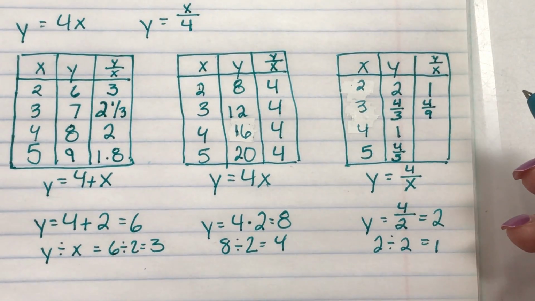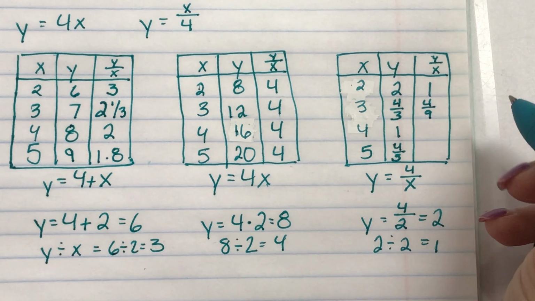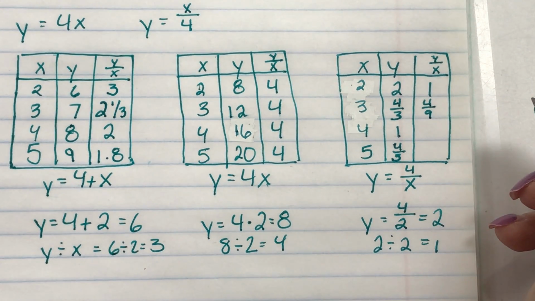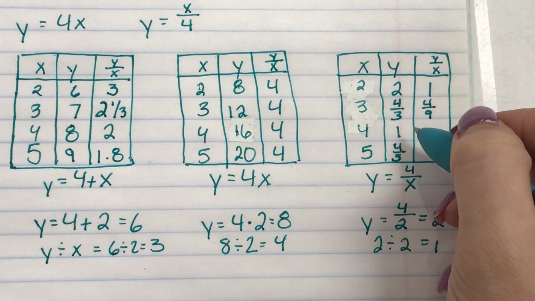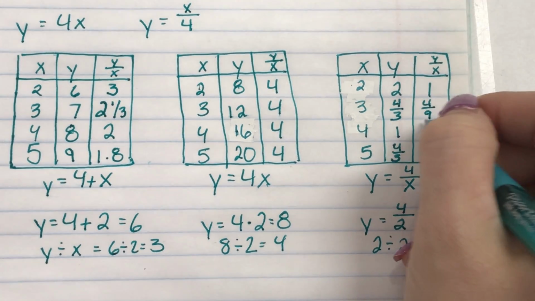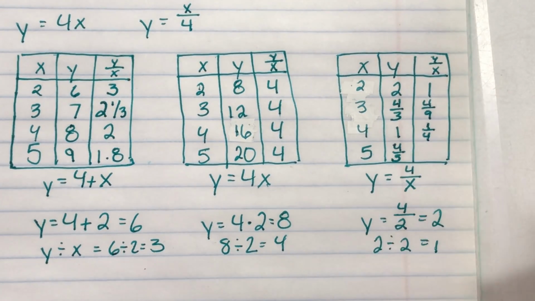If I did decimals? Yep, decimals are fine. 2.25. Check that, Megan. Okay, what is 1 divided by 4? Jeremy?